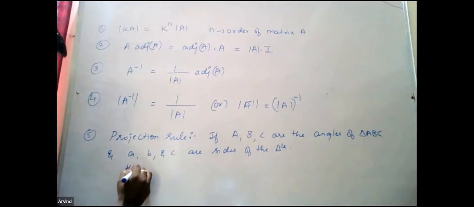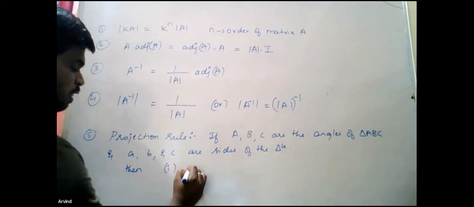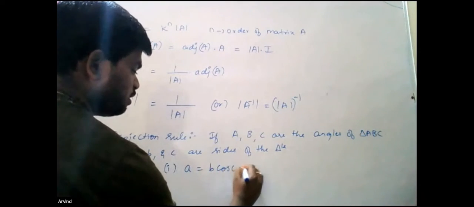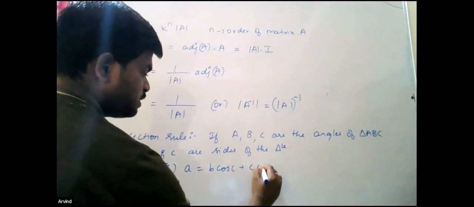Then these three are very, very important. a will be equal to b cos C plus c cos B.